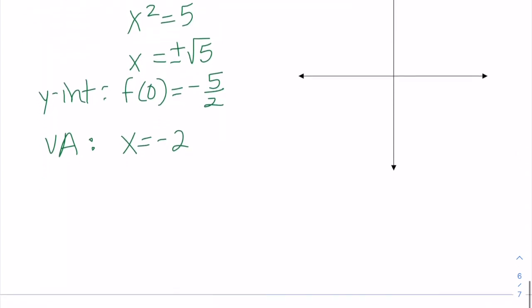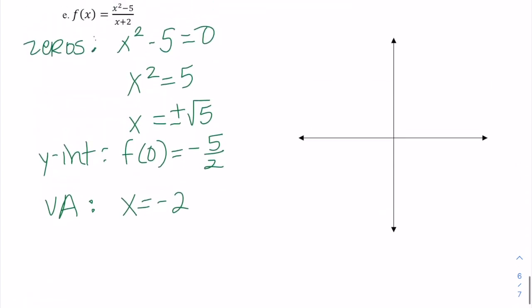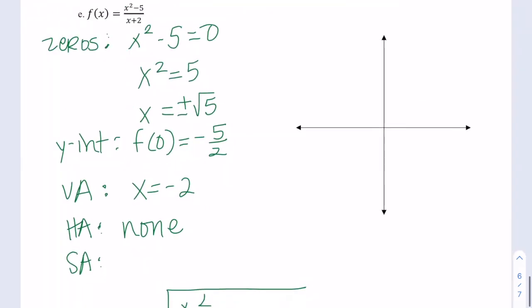And this will probably have a slant asymptote because the degree is bigger. So there will not be a horizontal asymptote. And to find the slant asymptote, we're going to have to divide x squared minus 5 by x plus 2.